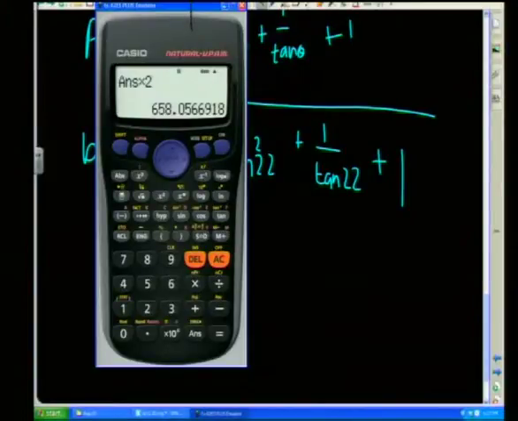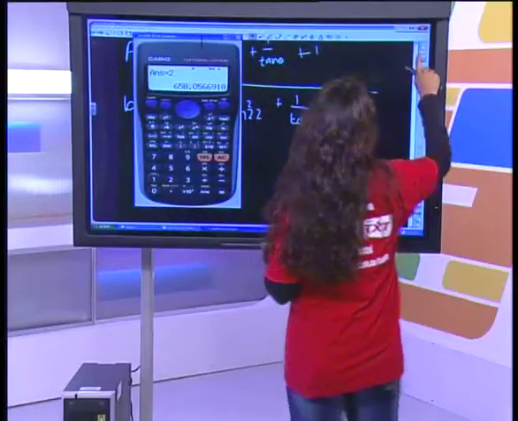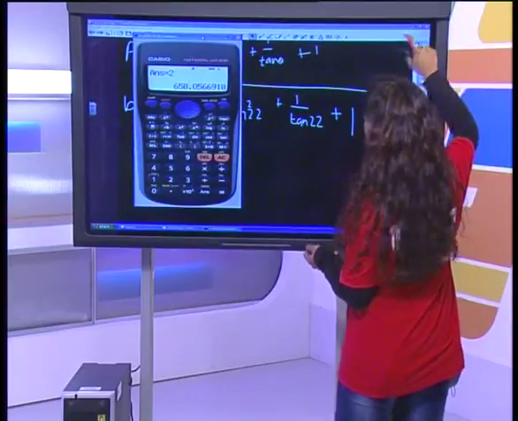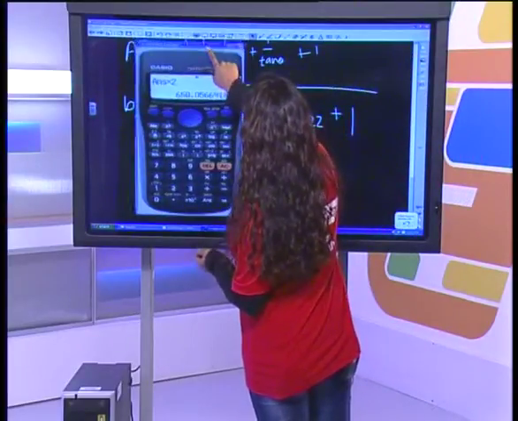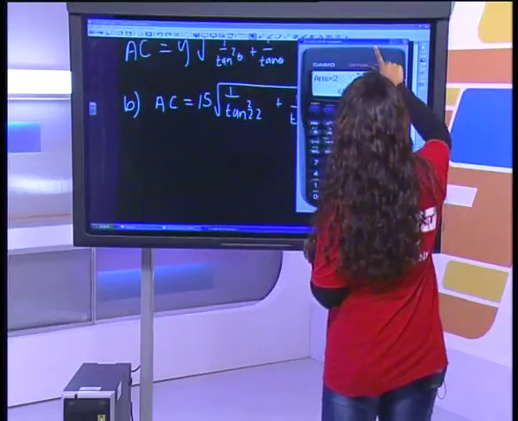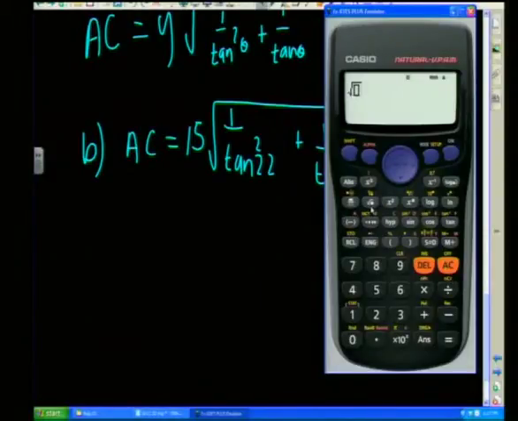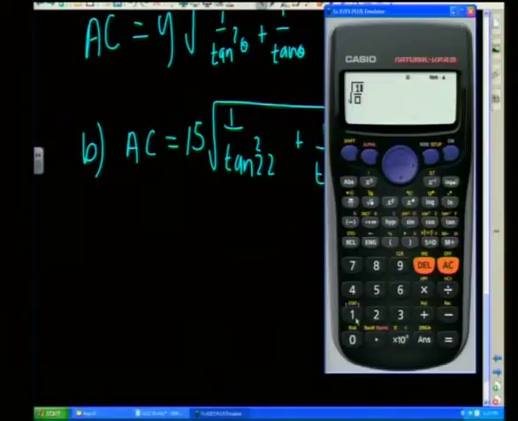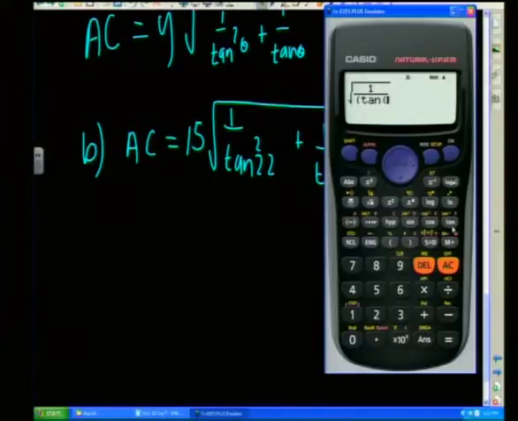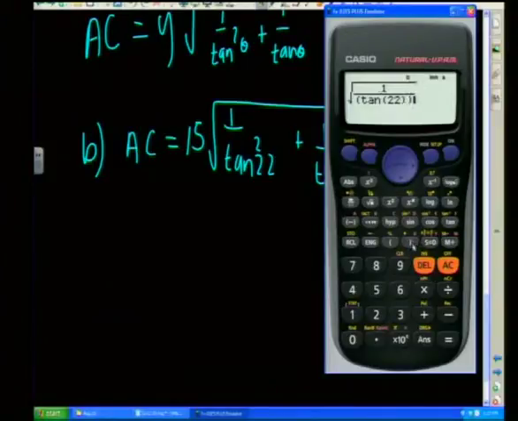Okay, so we're going to type in the square root, and it's 1 over tan squared 22, so I'm going to use the fraction button, and it's 1 over, in brackets, tan 22. Guys, just make sure you close all your brackets or you'll get errors.